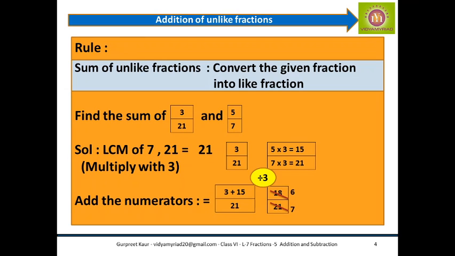When you divide this, you get 6 upon 7. 3 sixes are 18, 3 sevens are 21. So what is my fraction after adding? That is 6 upon 7. So wherever possible, children, you have to reduce it to the lowest term. Whatever the fraction is, think if you are able to reduce it, just reduce it.